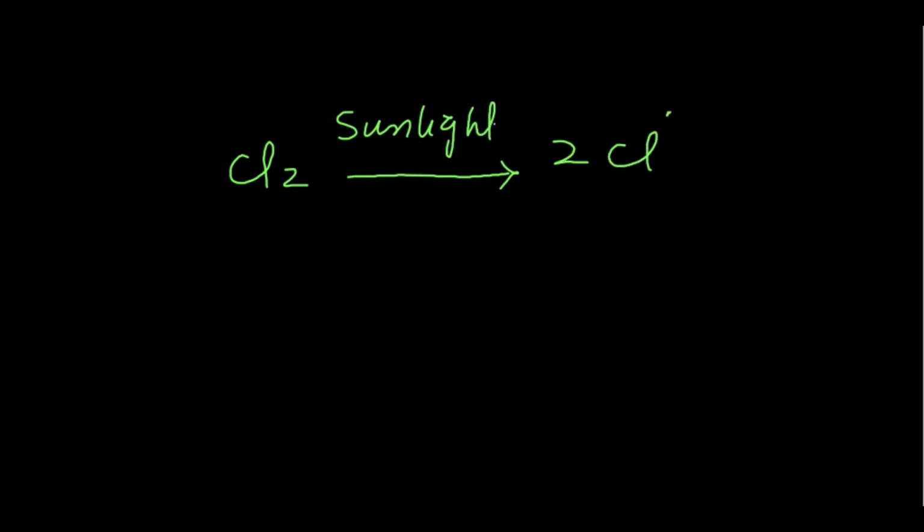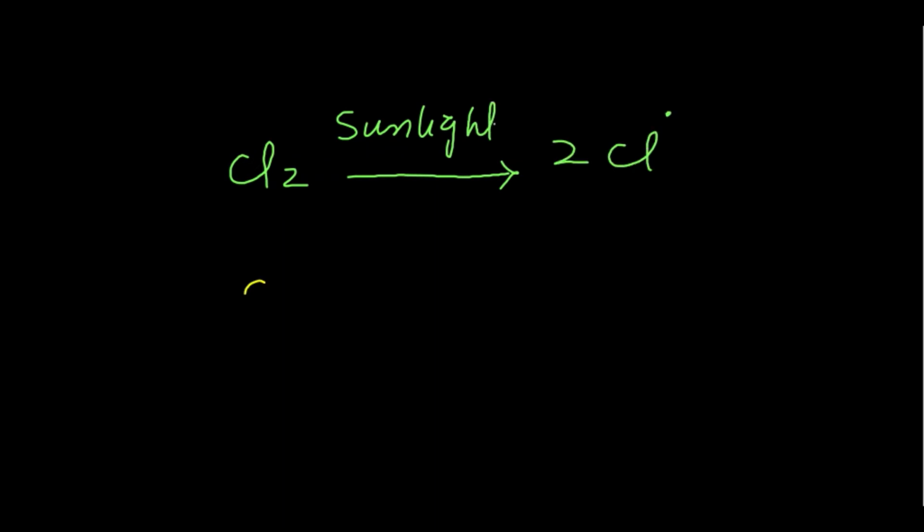Now we will see the formation of free radicals with the help of some examples. For example, a chlorine molecule, Cl2, in the presence of sunlight changes to 2 chlorine free radicals.